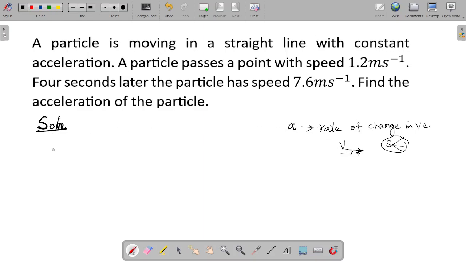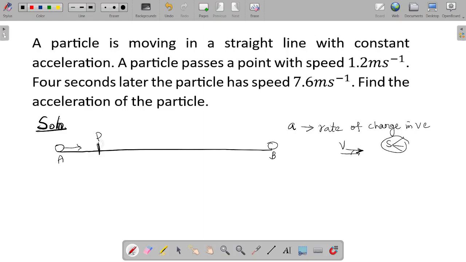We are finding the acceleration. Here, for example, a particle is moving in a straight line. Suppose a particle starts to move at a point A and ends at the point B. We are monitoring the particle at the point P. The particle is moving in this direction.